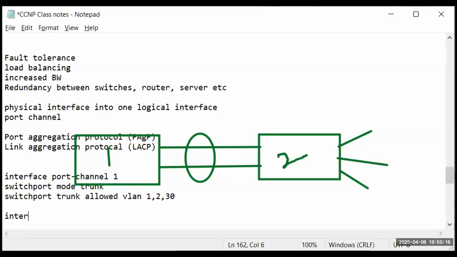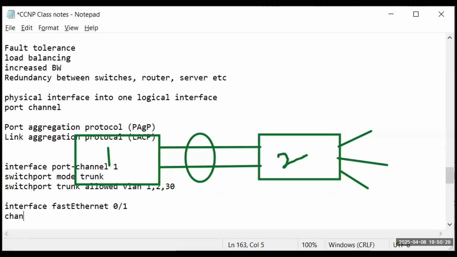Go to configuration mode, interface FastEthernet 0/1. There you call this logical interface: channel-group 1 mode active. Sorry, group 1, because the port channel we described there is port-channel 1.